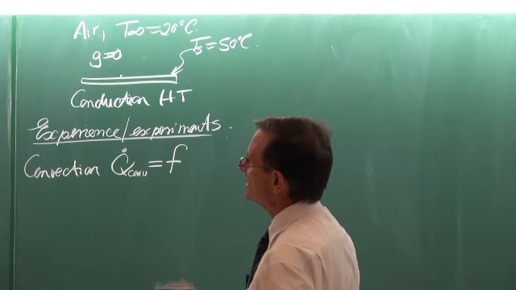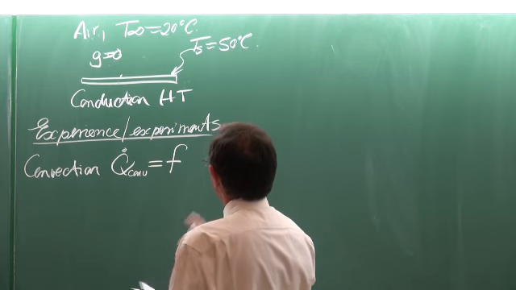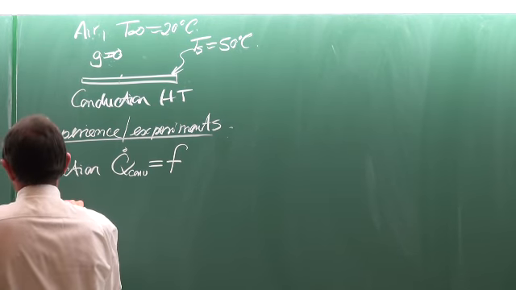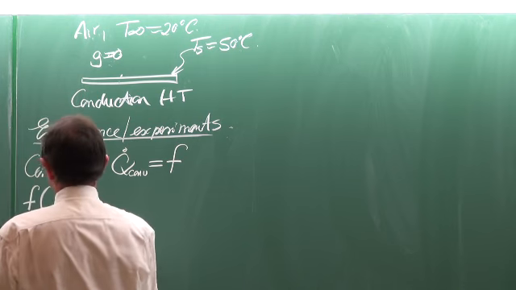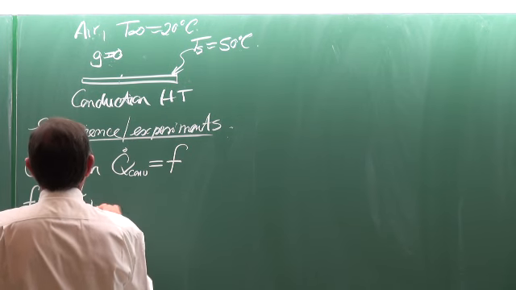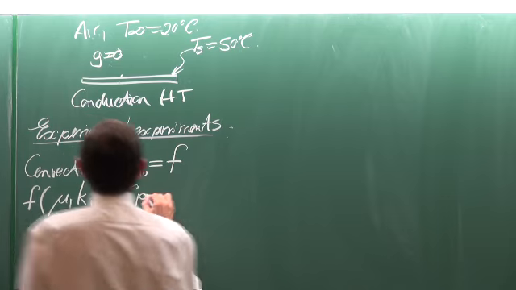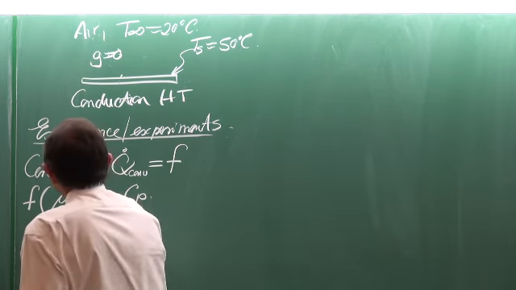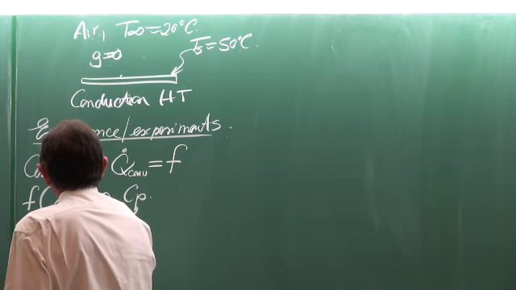If we look now at this case of the flat plate, it would be a function of, I'm going to write it here, the viscosity, the k, the rho, and the Cp of the fluid. Which means it is the fluid properties.